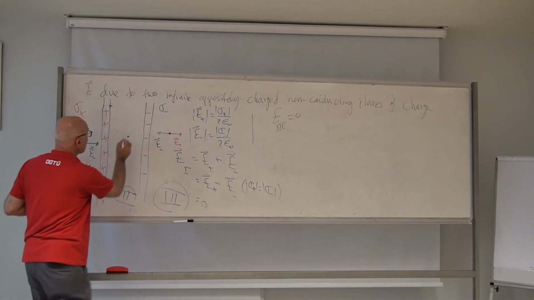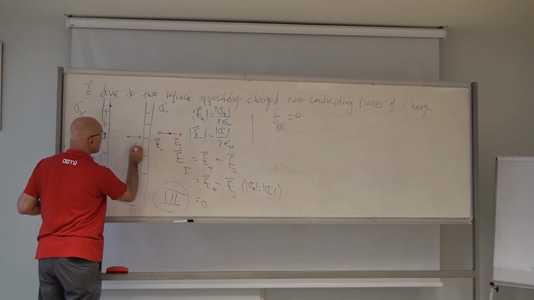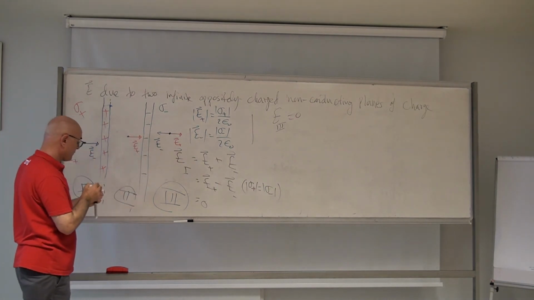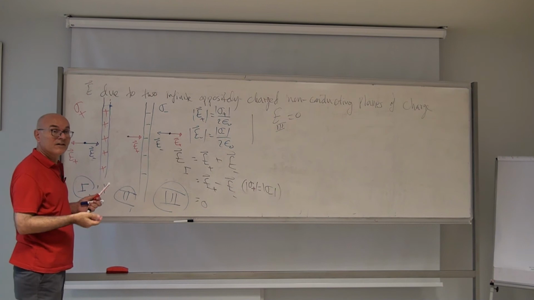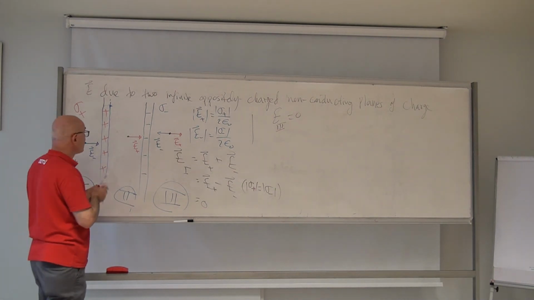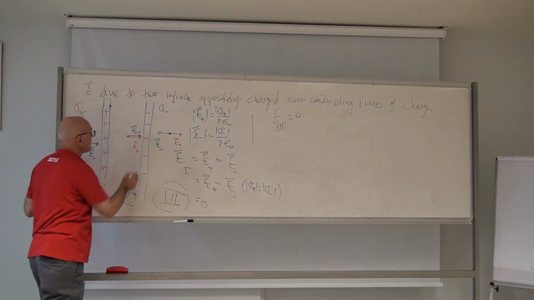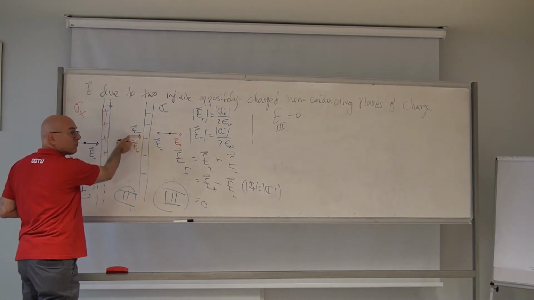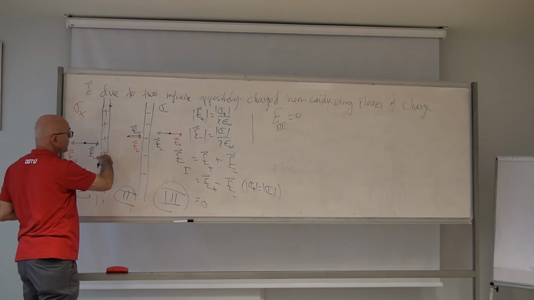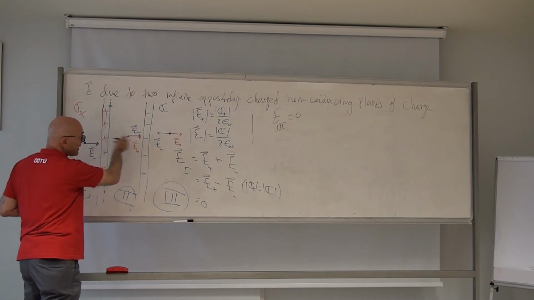So E plus is in this direction, and E minus now is in the same direction, because E plus is directed away from the charged plane and E minus in this case is directed towards the plane.